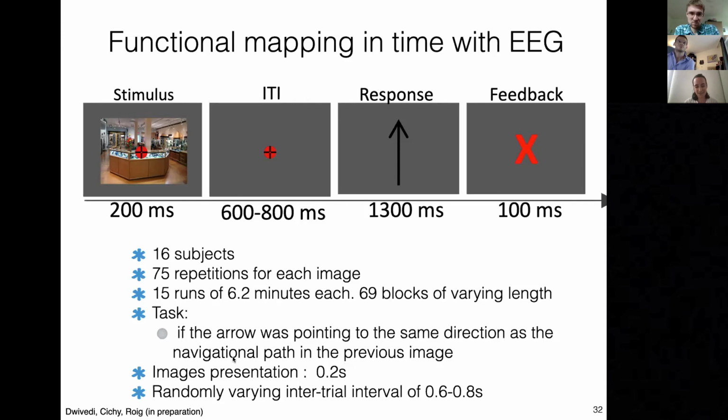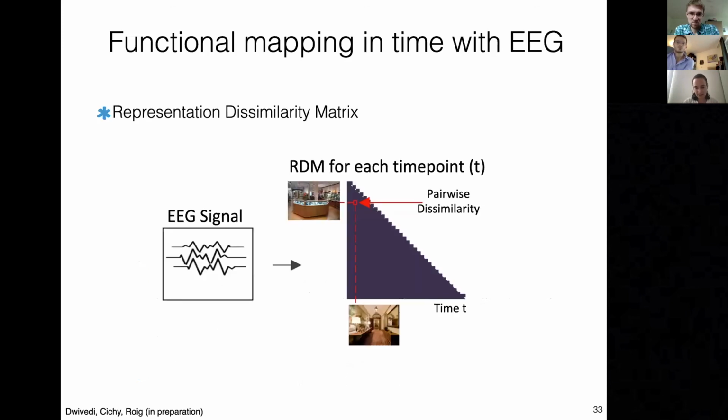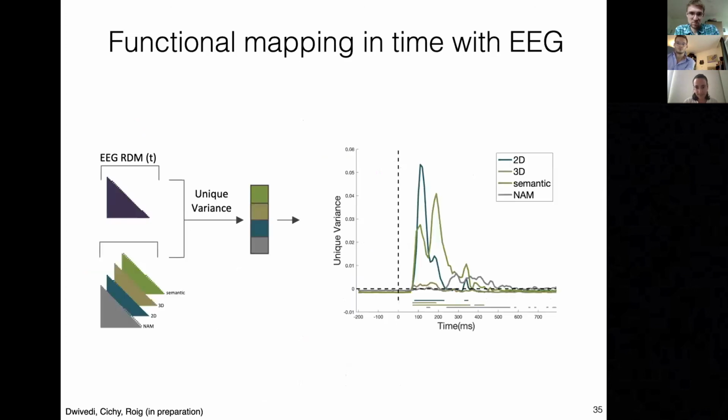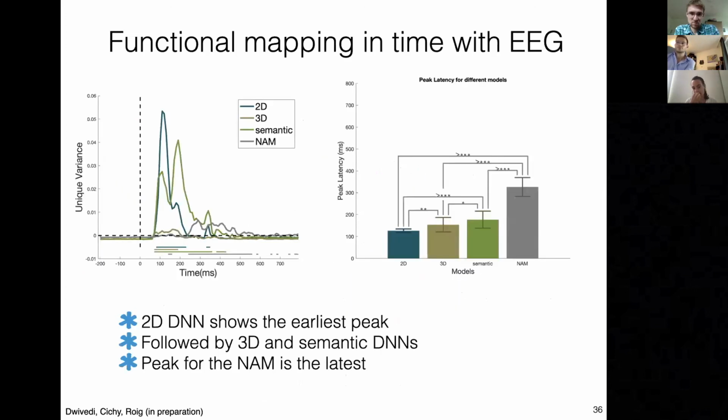Here I give a lot of details of how we do the experiments, but the bottom line is that the 2D models show the earliest peak when finding this correspondence with the EEG data. It's followed by 3D and semantic DNNs, and then the peak for the behavioral model is the latest.